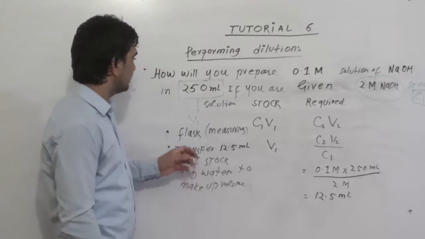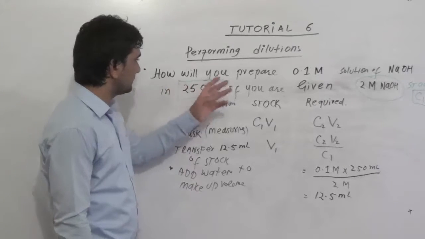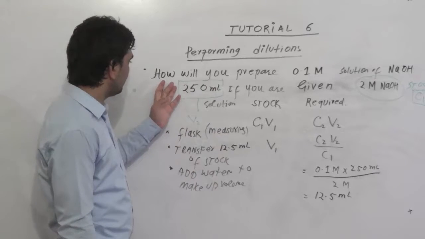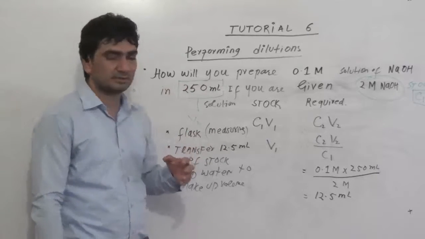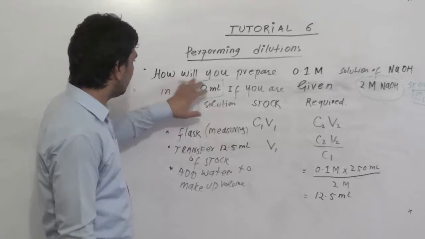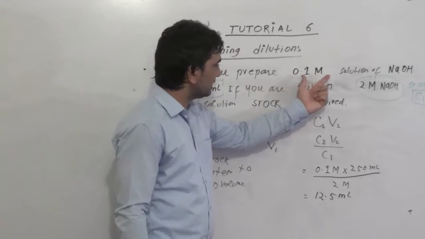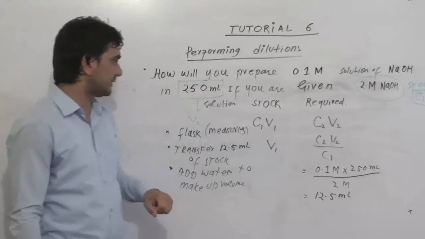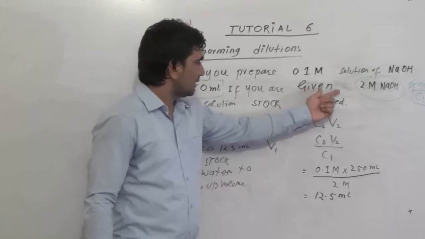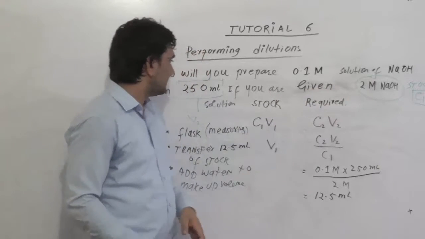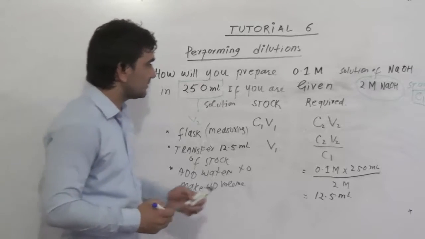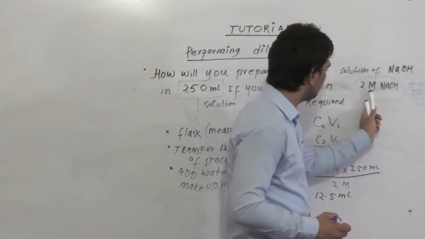Our second example about dilutions is about molarity. In this very question, you will have to prepare a solution with a lower molarity than the stock solution. And the question is how you prepare 0.1 molar solution of sodium hydroxide in 250 ml if you are given 2 molar sodium hydroxide as a stock solution. So our stock solution has a molarity of 2 molar.